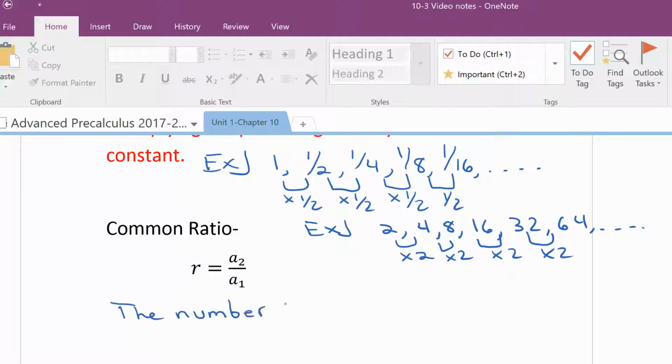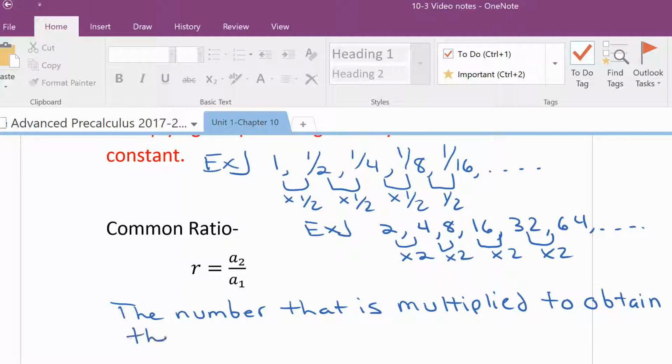So that is the number that is multiplied to obtain the next term. And you can get that common ratio by dividing the second term by the first term, and that gives you the common ratio.